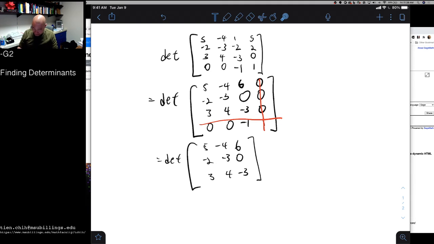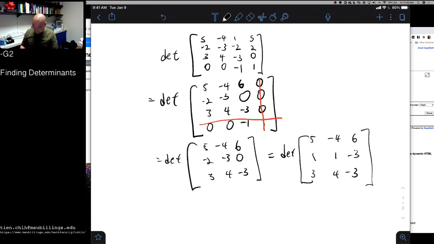So this determinant is going to be equal to the determinant of what happens if I add a 1 there. My last row is unchanged. My first row is unchanged. And then what I get is 1, 1, minus 3.